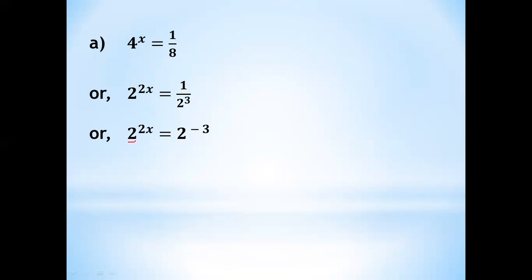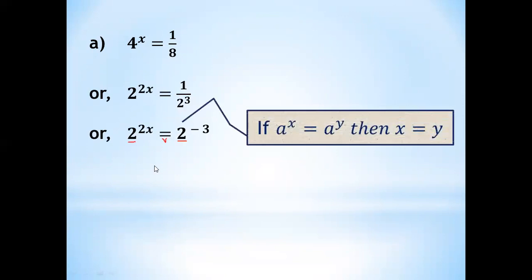There is base 2 on the left hand side, base 2 on the right hand side, and an equals sign in between them. That means if the bases are the same, then the powers will be the same. We can take the help of the axioms of exponential equations.